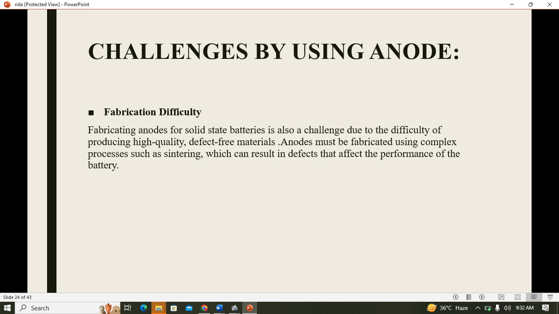The third one is fabrication difficulty. Fabricating anodes for solid state batteries is also a challenge due to the difficulty of producing high quality, defect free anodes. Anodes must be fabricated using complex processes such as sintering, which can result in defects that affect the performance of the battery.